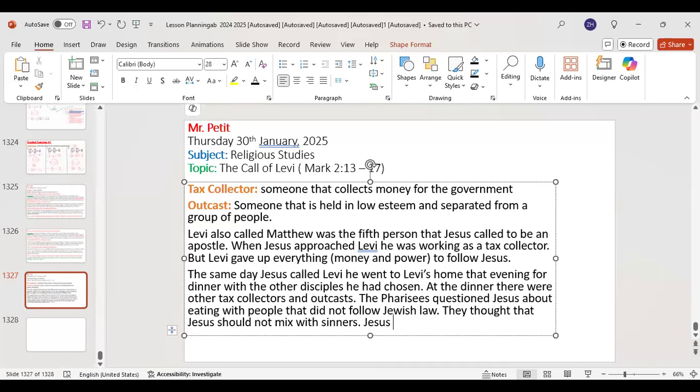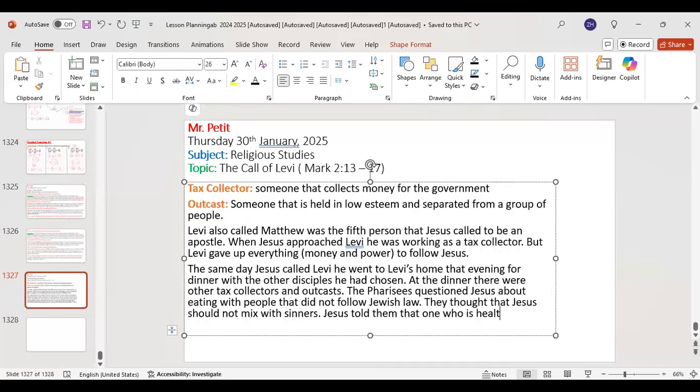Jesus told them that one who is healthy does not need a physician. And a physician is another word for what? Doctor. A doctor. Very good.